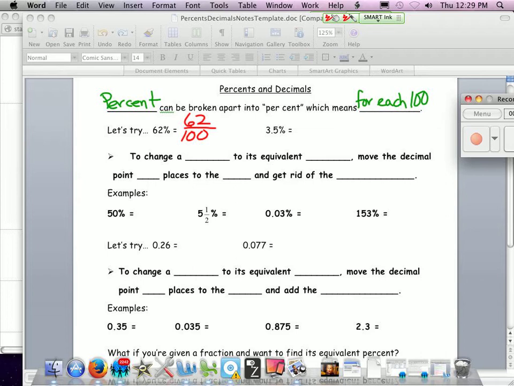What does that fraction sound like when we read it? And that will get us to our decimal. Yes, sir. 62 hundredths. So if I was saying the number 62 hundredths and wanted it as a decimal, I'm going to have 62 ending in the hundredths place. So 0.62.